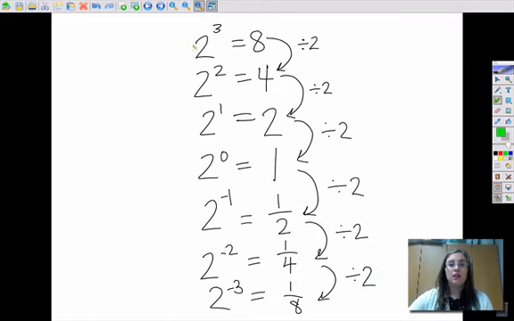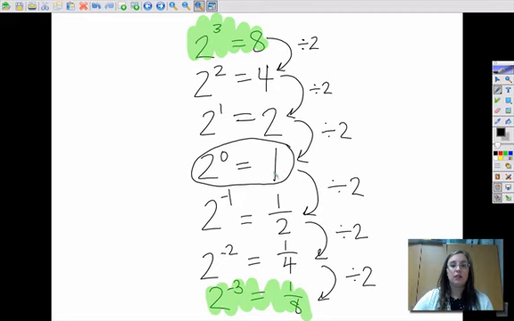So what I see is that 2 to the 3rd and 2 to the negative 3rd are reciprocals, because 2 to the 3rd is 8, and 2 to the negative 3 is 1/8. Okay? And also the other thing is that 2 to the 0 equals 1.